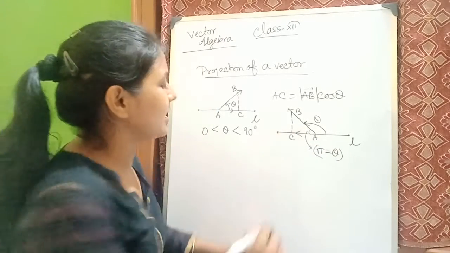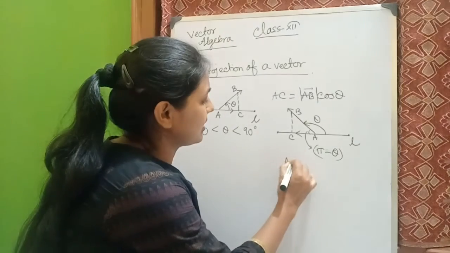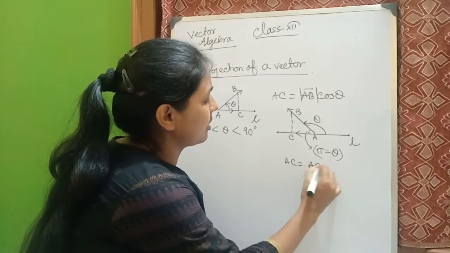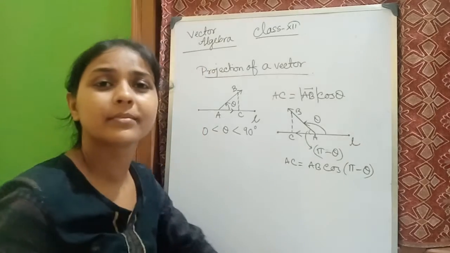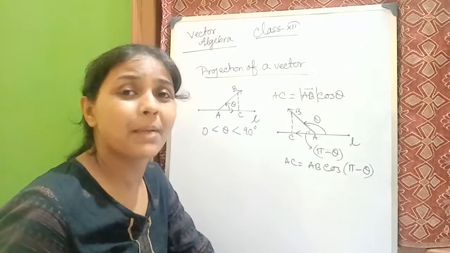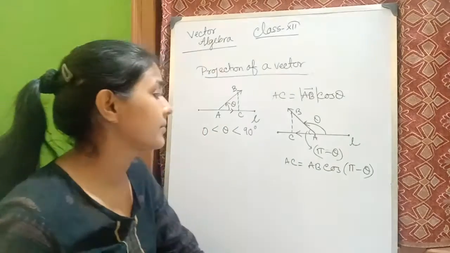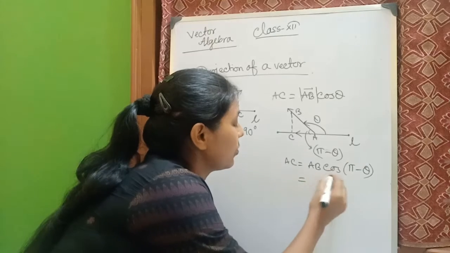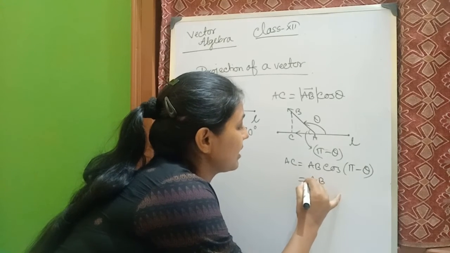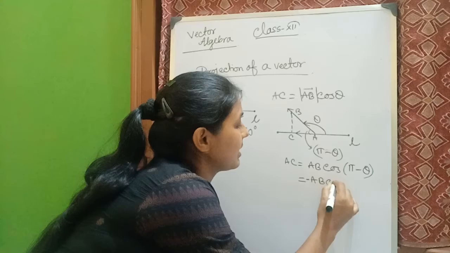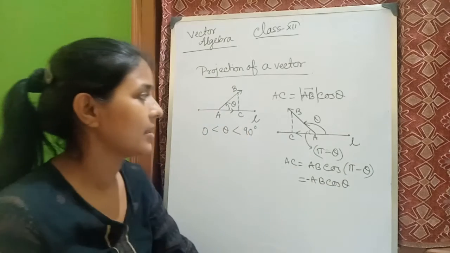So with pi minus theta, we get AC equals AB cos of pi minus theta. Cos of pi minus theta is minus cos theta, so this will be minus AB cos theta.